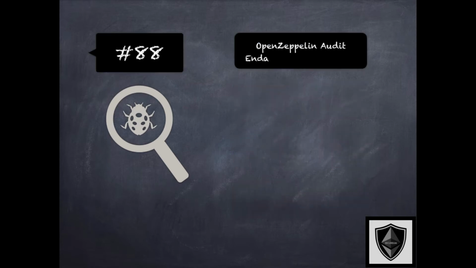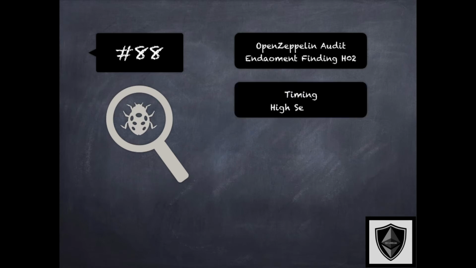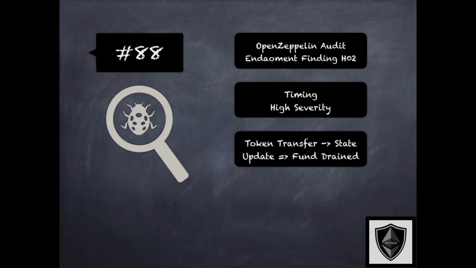88 is a finding from OpenZeppelin's audit of endowment, where it was a high severity finding related to timing, in which a reentrancy vulnerability was present because of not following the checks effects interactions pattern. For context, the finalized grant function of the fund contract was setting the grant complete storage variable after a token transfer, and could therefore be used to conduct a reentrancy attack leading to the contract funds being drained.